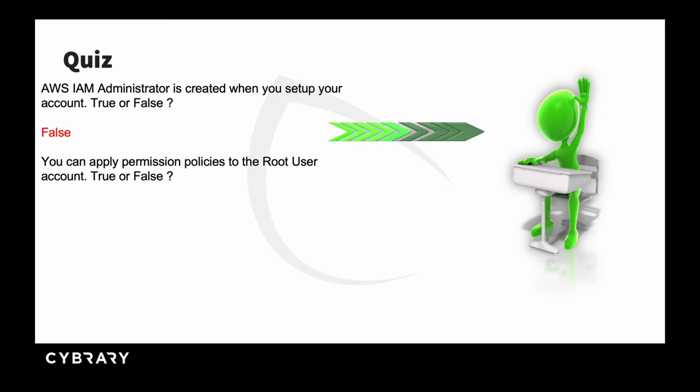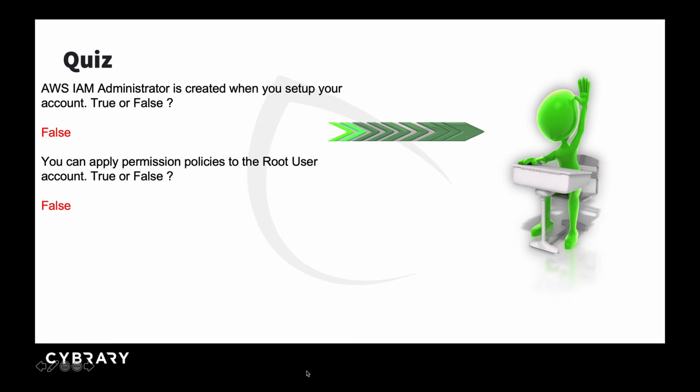Remember, your root account uses your email and your password. You can apply permission policies to your root user. True or false? Once again, this is false. You can only apply permission policies to a user, a group, or a role. The root user by default has all access to the account.